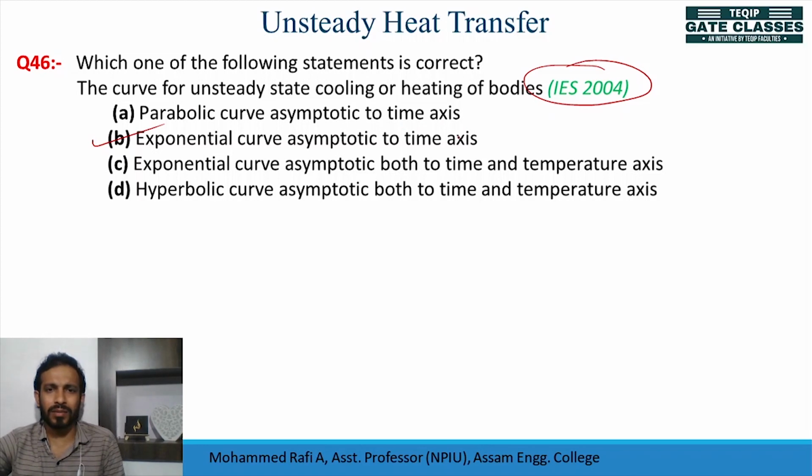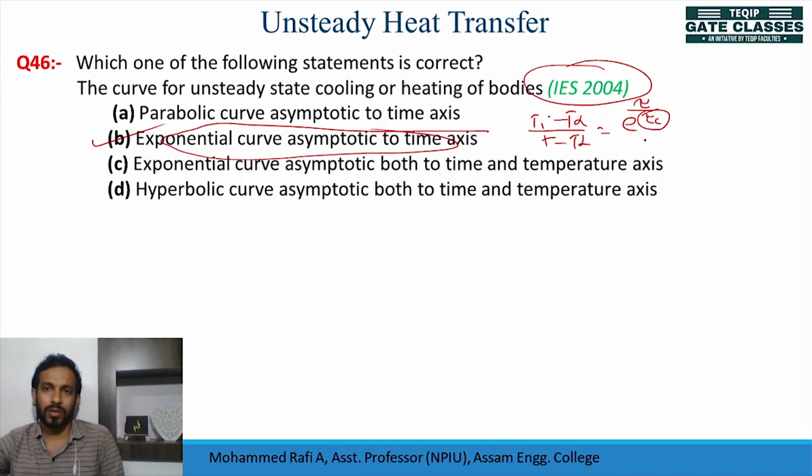By reading you can see it is exponentially asymptotic to time, because we already know (T minus T infinity) divided by (Ti minus T infinity) equals e raised to minus tau divided by tau c, that is the time constant. So basically it is a curve like this, temperature versus time: if it is cooling, like this, and if it is heating, like this. So this is a straightforward question.